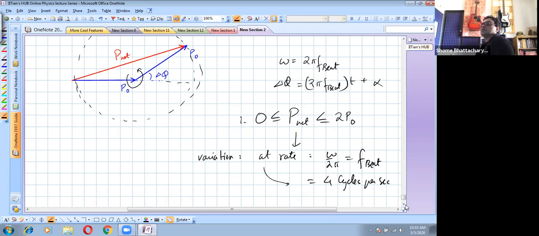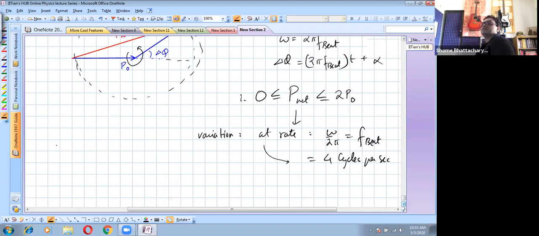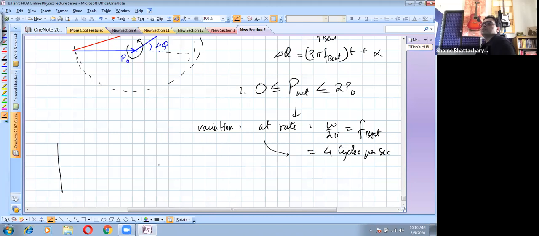So that means your resultant pressure amplitude, we just talk about the pressure amplitude, varies with time at the rate of 4 cycles per second. That means 0.25 seconds.